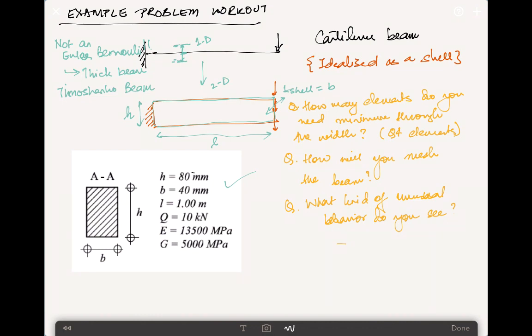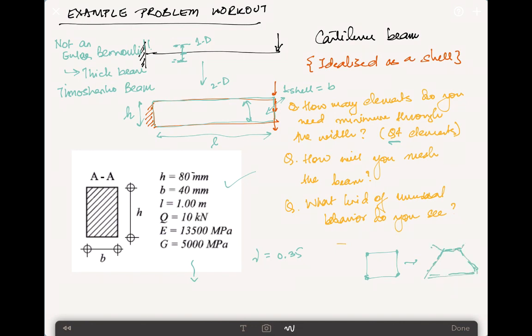Now the questions that we want to ask ourselves here, because all the properties are given to us: if you calculate the nu out of this, you will get 0.35. Then you can ask different kinds of questions. How many elements do you need through the width or through the height of this element when you are using Q4 elements? Now if you remember, Q4 elements are just quadrilateral elements with in-plane behavior, and we know that they cause a certain kind of behavior under moments which can make it lock.